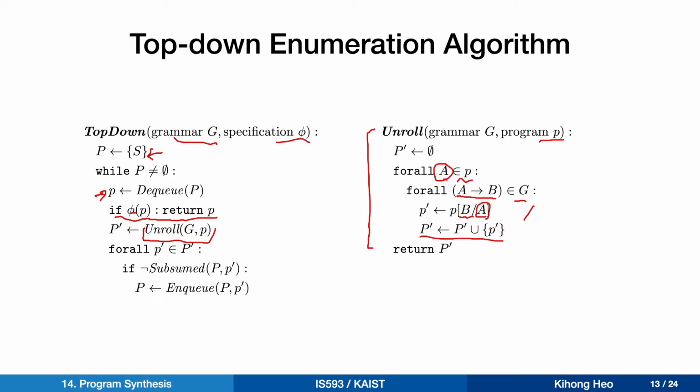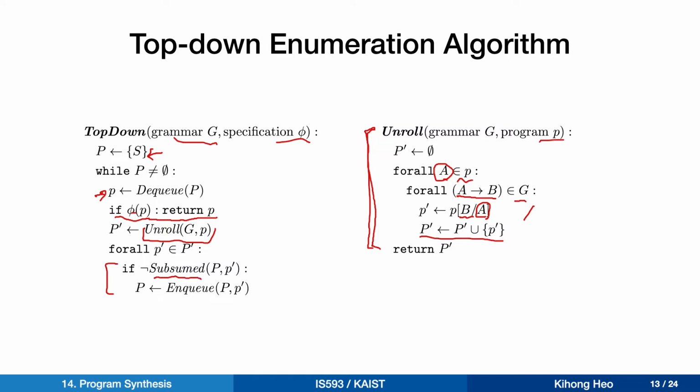Again, this unroll function actually expands the non-terminals once using the production rules. Then coming back to the main loop, the only remaining thing is this subsumed part.